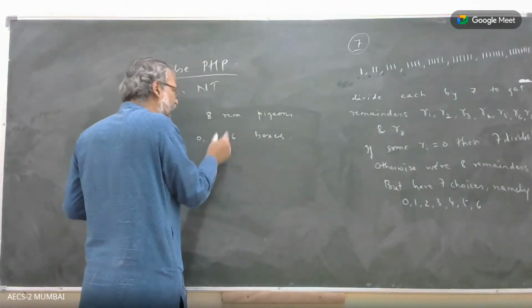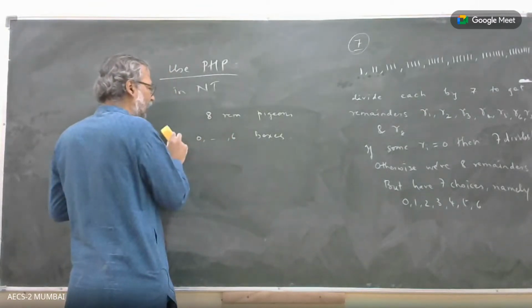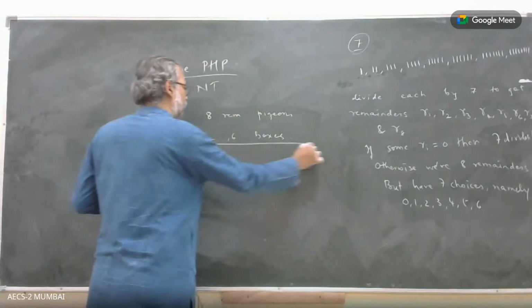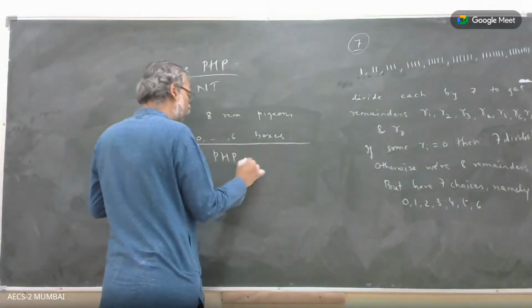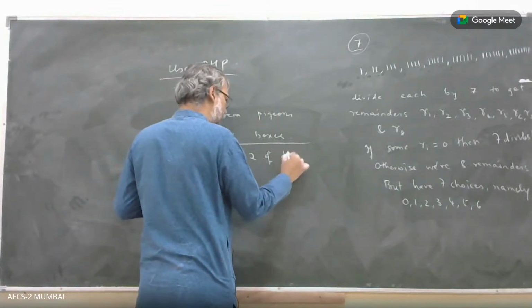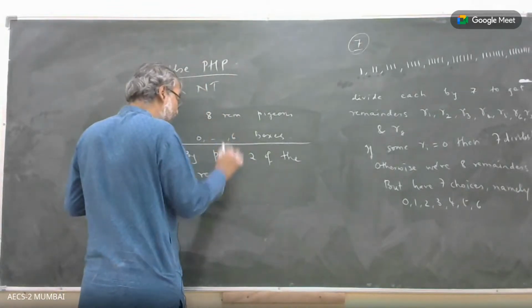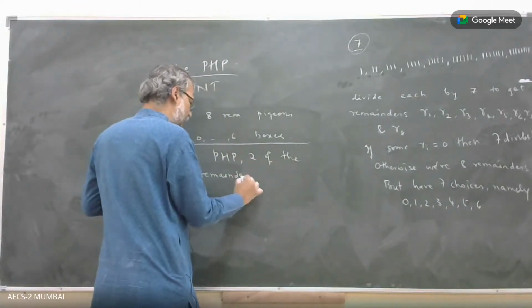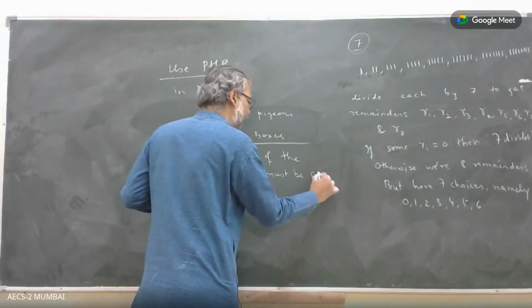So one of the boxes will contain 2 pigeons. Right? So shall I say by PHP, 2 of the remainders must be same. They fall in the same box.